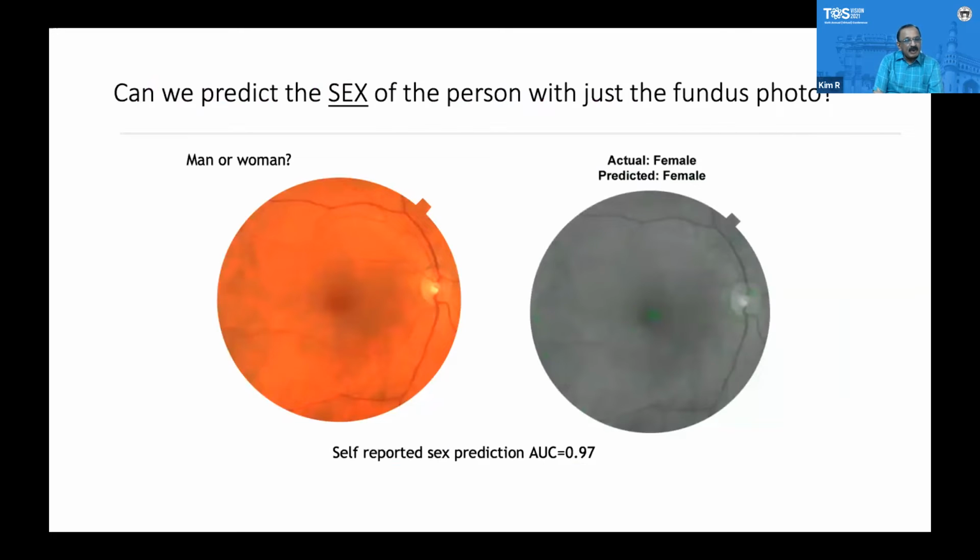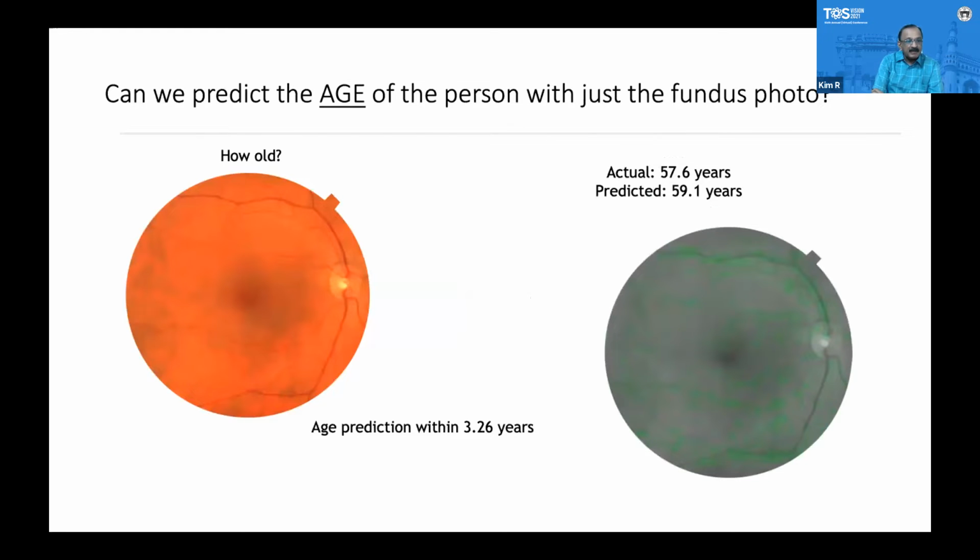But beyond ophthalmology, it's seen with various studies that AI is able to predict the sex or the gender of the patient. I mean, we don't know. The human eye can never do this, but there is something that the algorithm is able to predict with almost 97% accuracy, whether this person is a male or a female.